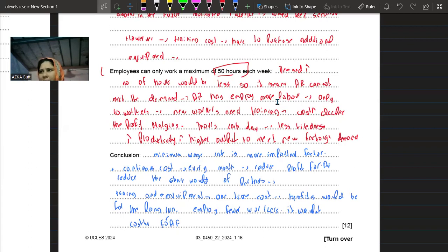Since this is a new factory, maybe at the start they will not need any extra labor. Whenever a business is expanding, whenever they introduce the new meals, at the start the demand would not be so high. So maybe in the initial years they will not need any extra labor.